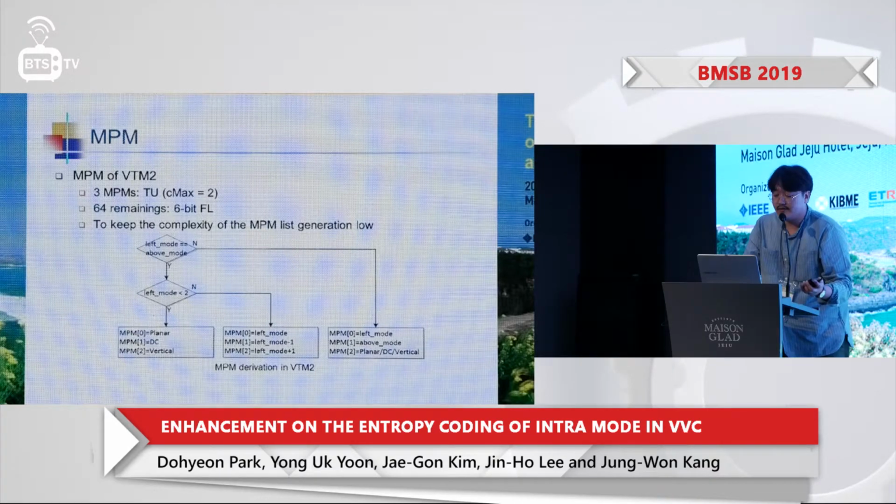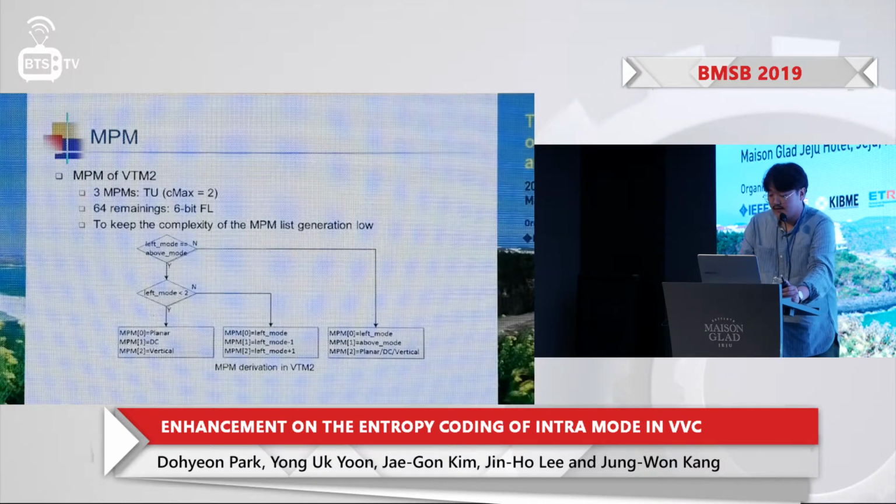There is a trade-off between reducing the complexity and increasing the performance. So JVET thought that 6 MPM is a better trade-off. There is a common point of 3 MPM and 6 MPM. It is that the first index of the MPM indicates the intra mode of the adjacent position.